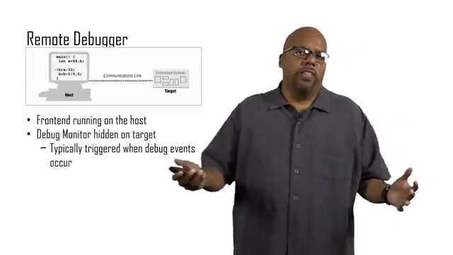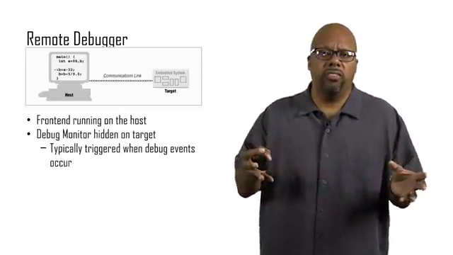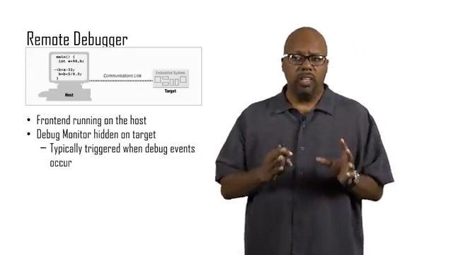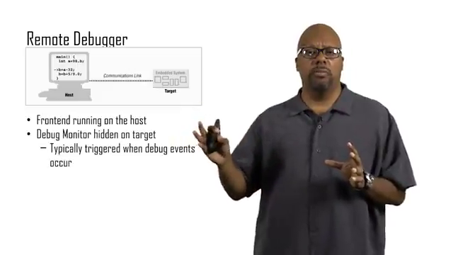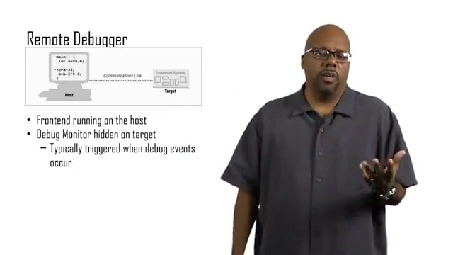So for instance, if at the host you type print the contents of variable X, that command will be sent over the communication interface, and then the debug monitor will receive it, retrieve the value of X, and send it back over the communication link. So the host front end is actually talking to this debug monitor, which is running on your Arduino, along with whatever the actual code is, the functional code, the application code.